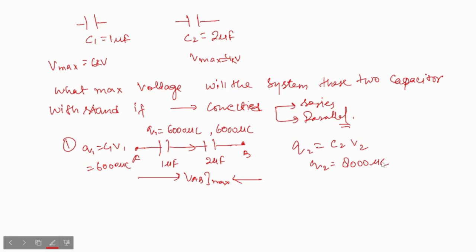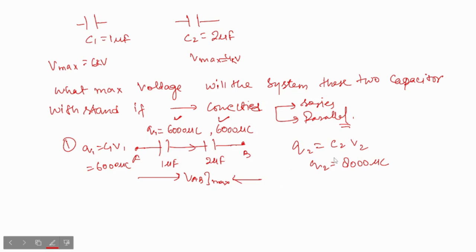Now see why I'm saying this: the charge on Q2 will be 6000 microcoulomb, because in series the charge on each capacitor must be the same. The maximum charge on C1 is 6000 microcoulomb, which is the minimum of the maximum charges on both capacitors, and the maximum charge on C2 is 8000 microcoulomb.